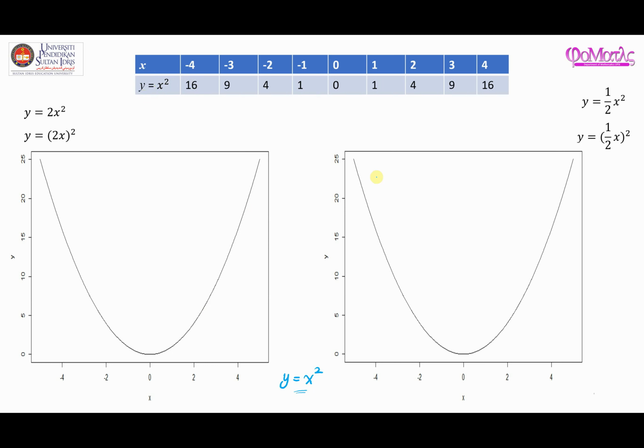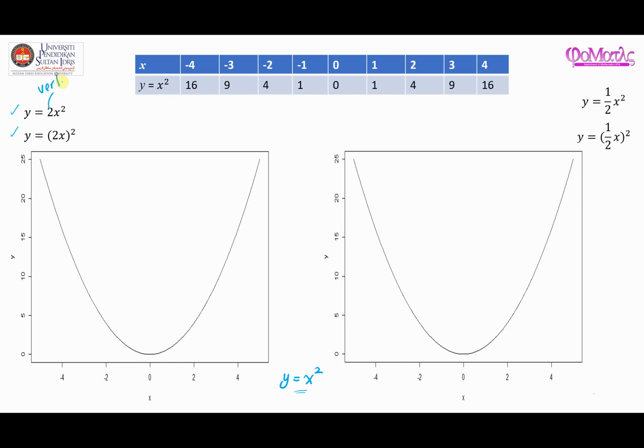So this is the graph given here. On this graph, we are going to sketch another two different functions. The first one is where the factor is outside the function. Outside the function means we are talking about vertical stretching or compressing, and in this case it is about vertical stretching.